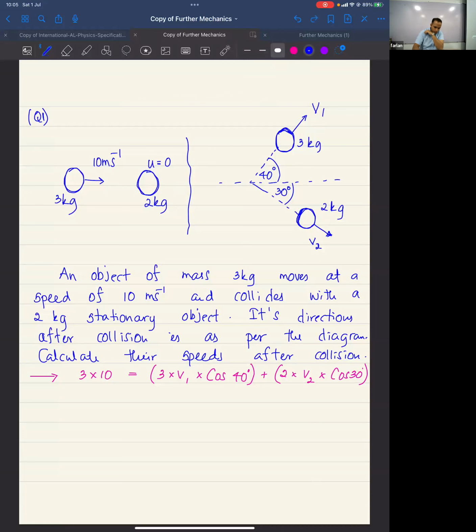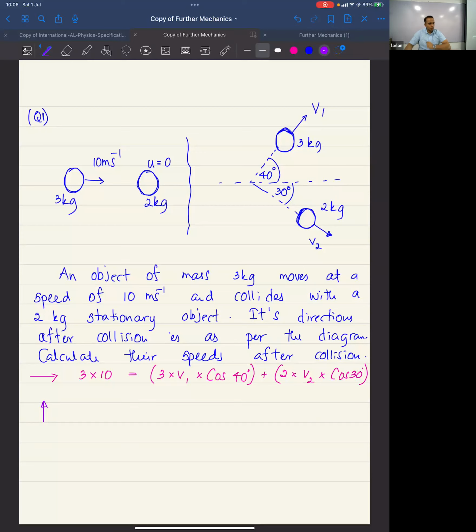The momentum of this particle after the collision is 2 into v2, so its momentum in this direction will be 2 into v2 cos 30. Agree? Now there are two unknowns, v1 and v2. You can't find them with one equation. We need another equation, which I will apply in the direction perpendicular to the initial direction.